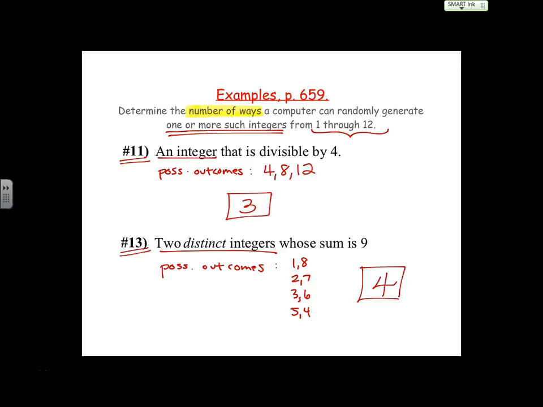We're thinking about the possibilities. Either 1 and 8, 2 and 7, 3 and 6, 5 and 4. There's nothing to point our attention to 8 and 1 being a different, or needing to be counted differently than 1 and 8.